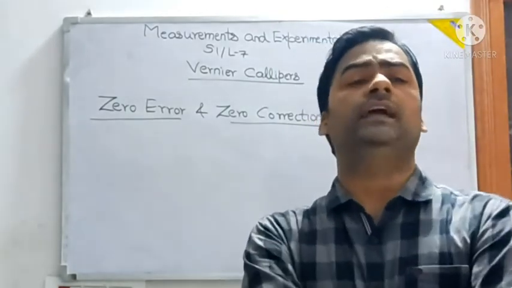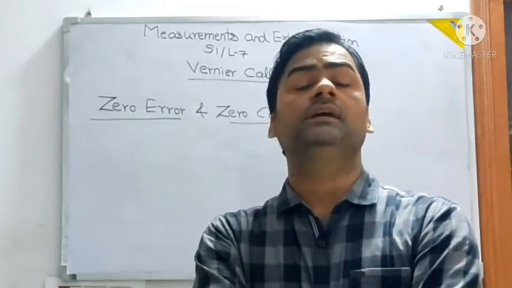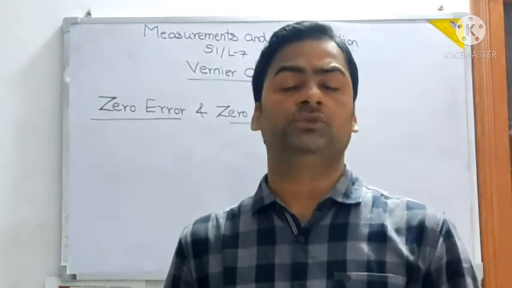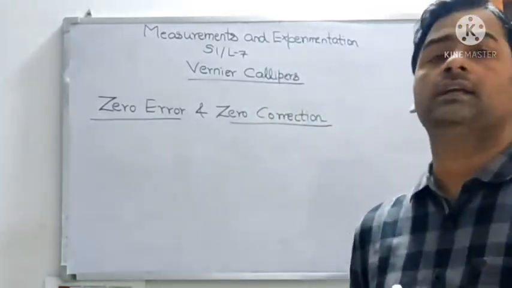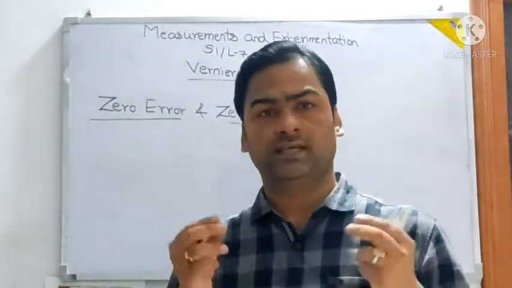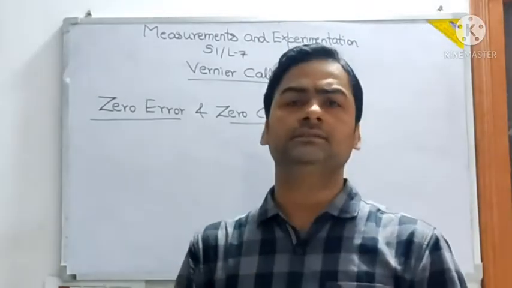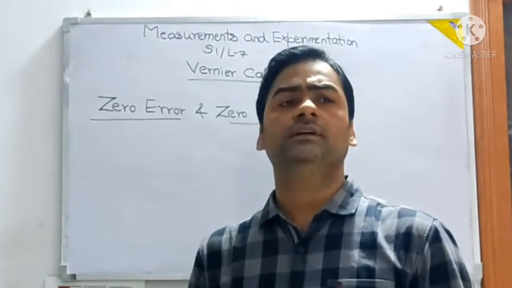And children, when you do the experiment in the physics lab, the first thing we have to check is whether the vernier caliper is free from zero error or not. If there is an error, we have to remove it. And it's not like you sit with some screw and hammer and correct it. No. Basically we know by how much our reading is off.